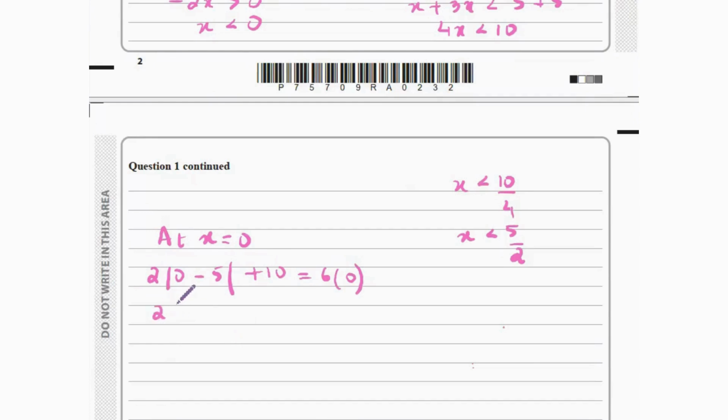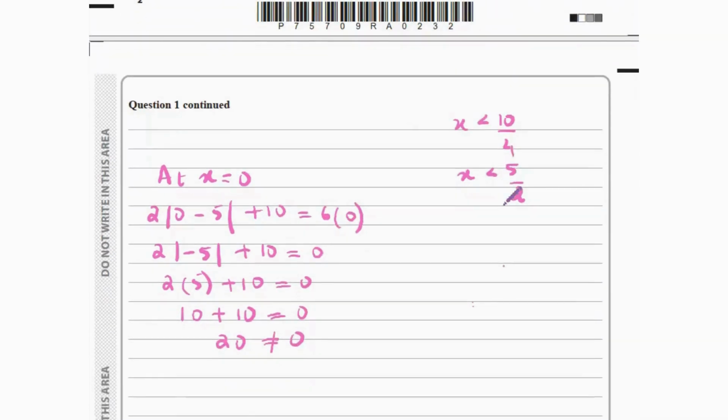That's 2 modulus of negative 5 plus 10 equals 0. Modulus of a negative number is positive, so that's 2 times 5 plus 10, which is 10 plus 10. We can clearly see that 20 is not equal to 0, which means this is not a solution. If both sides were equal, then it would be a solution.